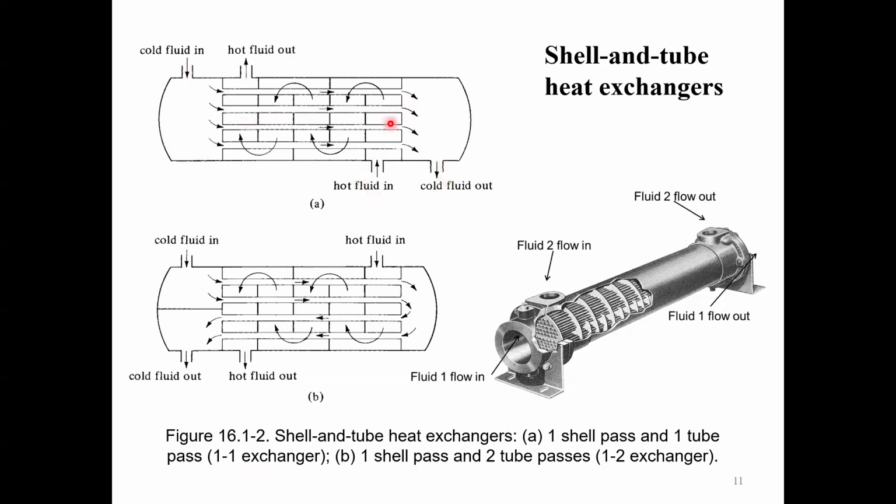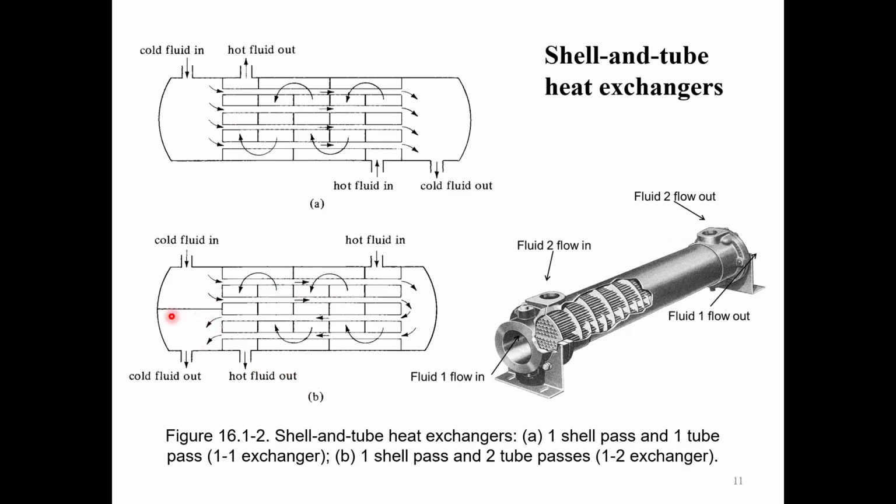Likewise, the hot fluid in this case flows through the shell side once and it exits. If we are not clear with this, when we look at the next heat exchanger, one shell pass and two tube pass heat exchanger, it should be clear for you.